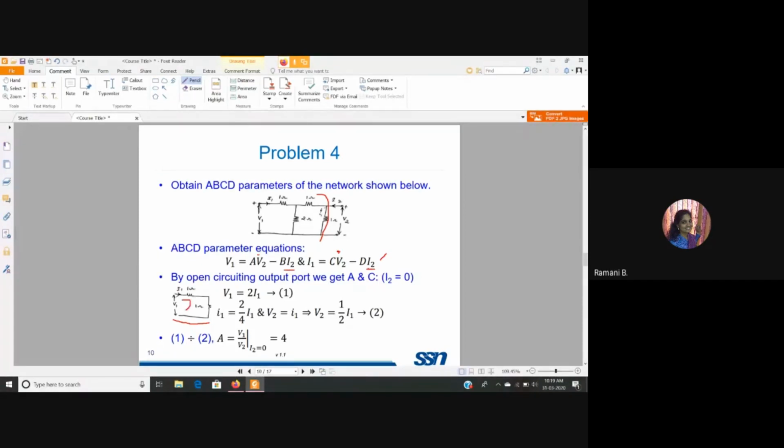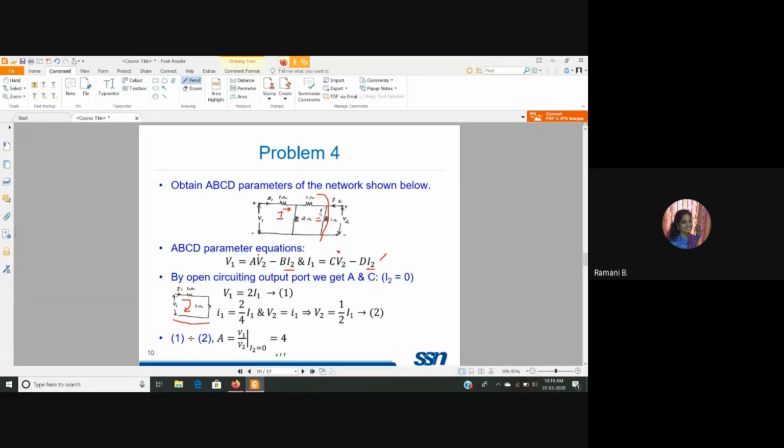So here considering the I1 current, you will be having V1 is equal to 2I1. And here I have considered the current in this 1 ohm resistor to be small i1. Okay. So by current division rule, the capital I1 current will be in this place.